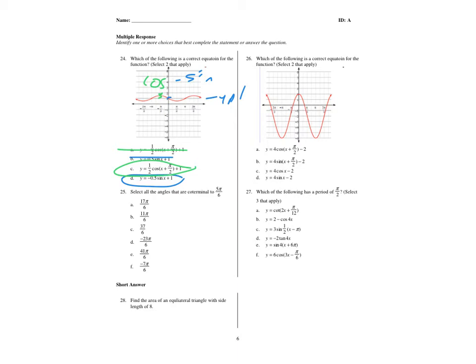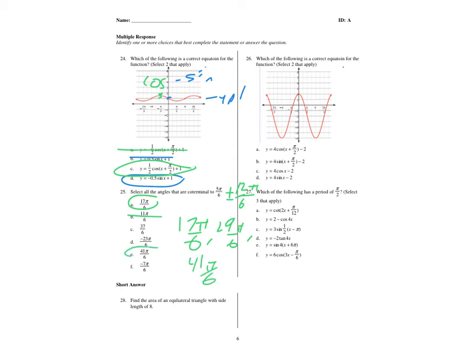All right, for coterminal angles, we're going to add or subtract 2 pi, but in this case, it's going to be 12 pi over 6. And so if I add it, I'm going to get 17 pi over 6. And so that one's good. That one's not. If I keep adding here, another 12 pi over 6, I get 29 pi over 6. And I've got to keep going here. If I add another one, I get 41 pi over 6.